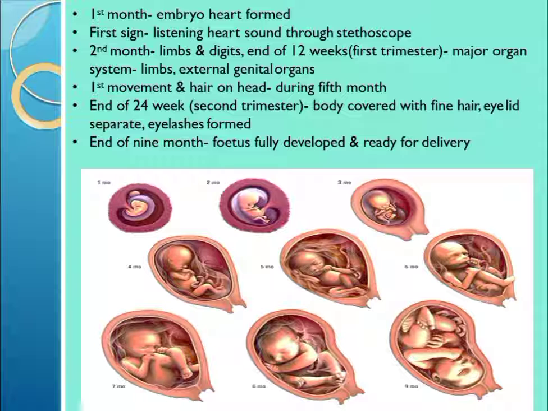And by the end of 24 weeks, that is the 2nd trimester, the body is covered by fine hair, eyelids get separated, and eyelashes are formed. And by the end of the 9th month of pregnancy, the fetus becomes fully developed and is ready for delivery.